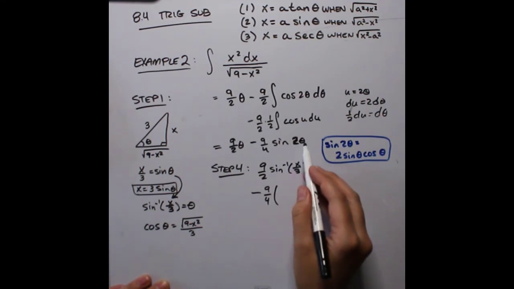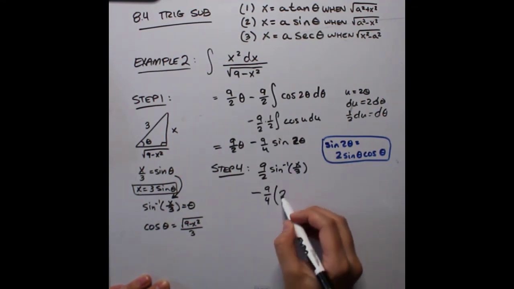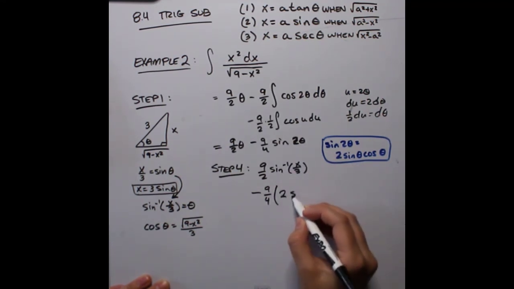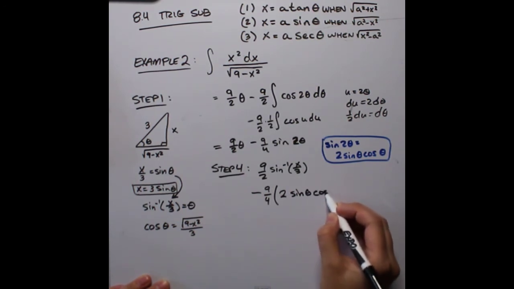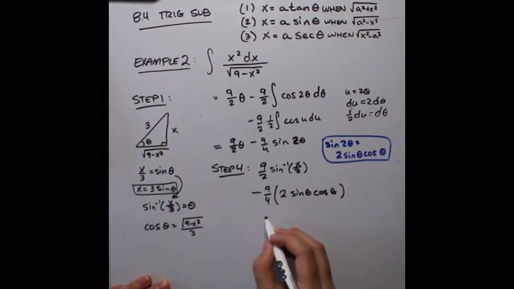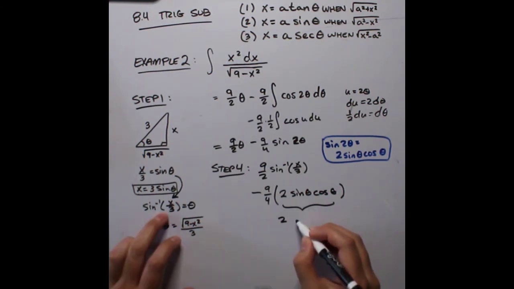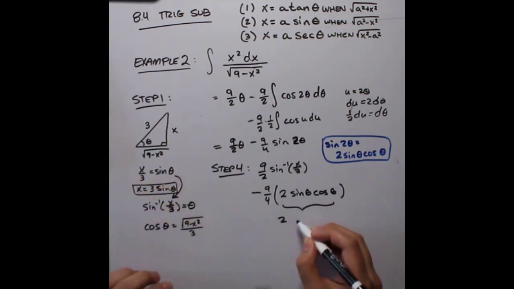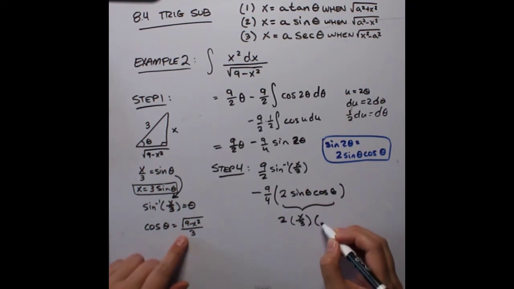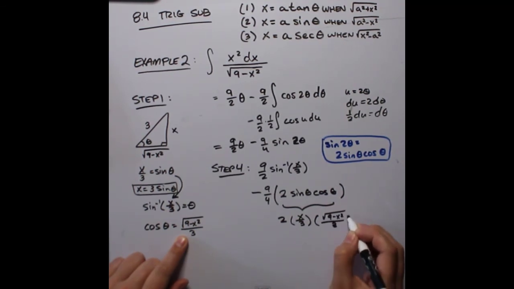It was sine twice theta, so that became 2 sine theta cosine theta. That part became 2 times, we know what sine of theta is, x over 3, so 2 times x over 3, times cosine theta, which is square root of 9 minus x squared over 3.